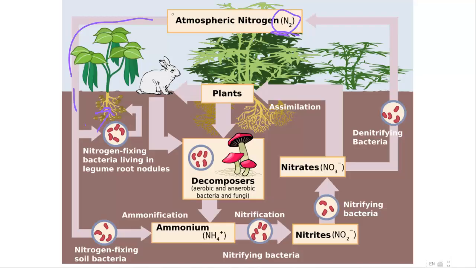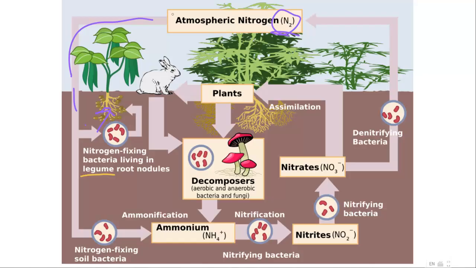This particular group of plants that form this symbiosis with nitrogen-fixing bacteria is known as legumes: beans, peas, and clover. So if you plant beans, peas, or clover, those bacteria in the root nodules are able to take nitrogen gas from the atmosphere and convert it into ammonium within the roots.